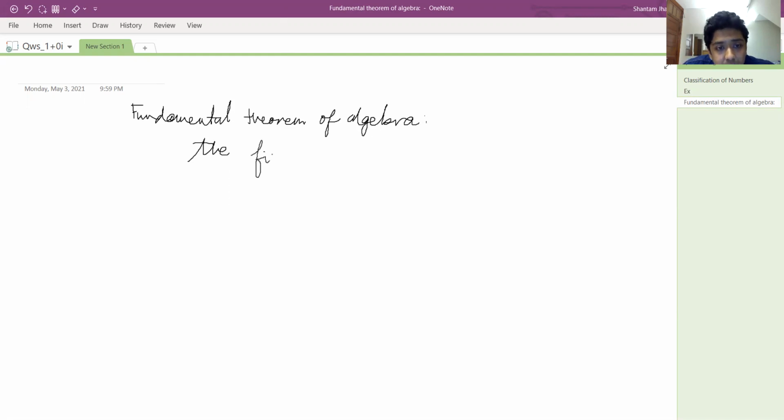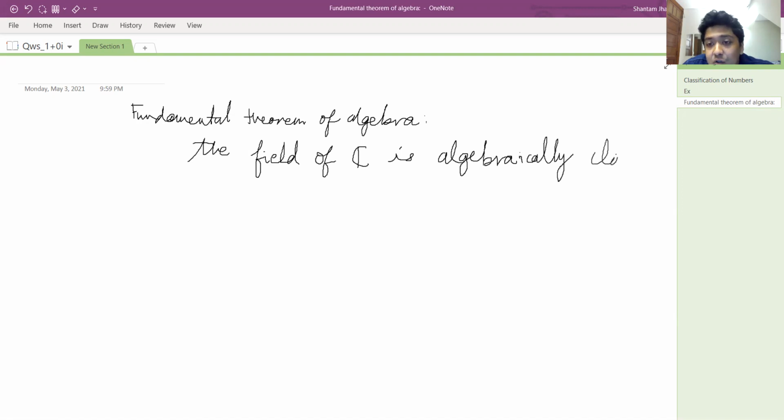The field of complex numbers, represented by the C here, is algebraically closed.